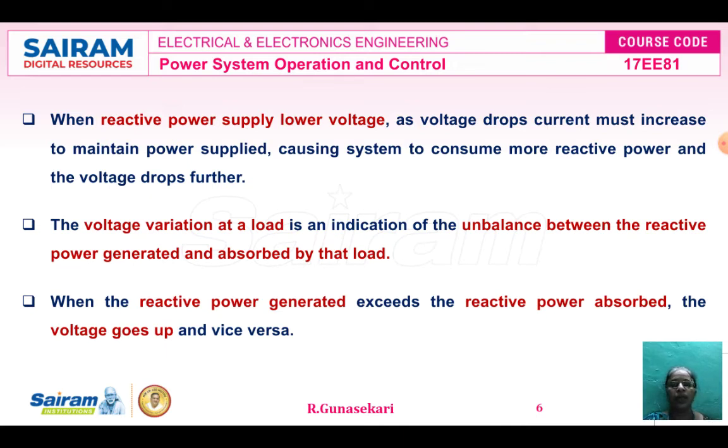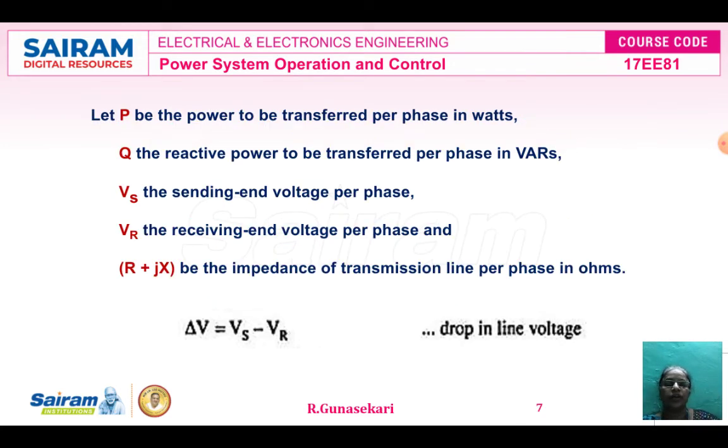If the generated reactive power exceeds the reactive power absorbed, the voltage goes up. If the reactive power generated is less than the reactive power absorbed, the voltage goes down. This is the concept of voltage dependence on reactive power.